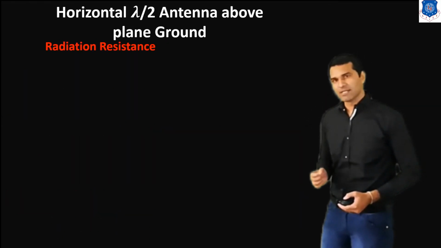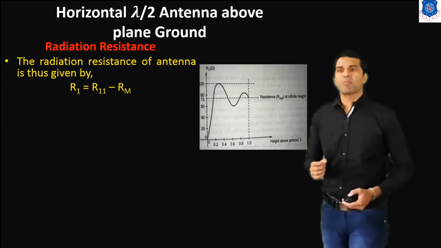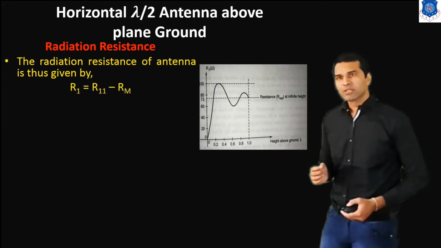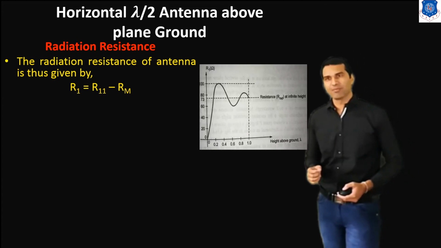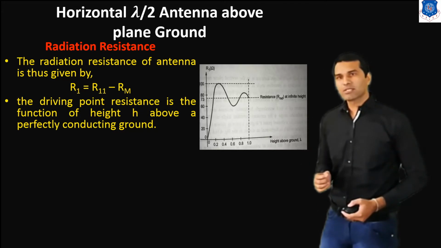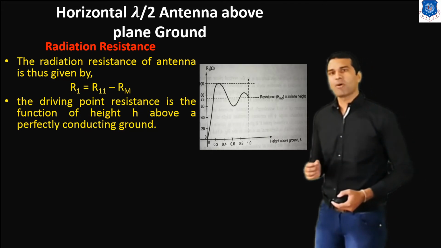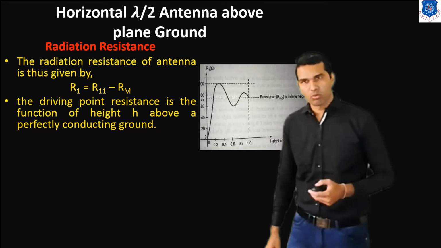Now radiation resistance. The radiation resistance of the antenna is given by R1 equals R11 minus Rm. The driving point resistance is a function of height h above a perfectly conducting ground.